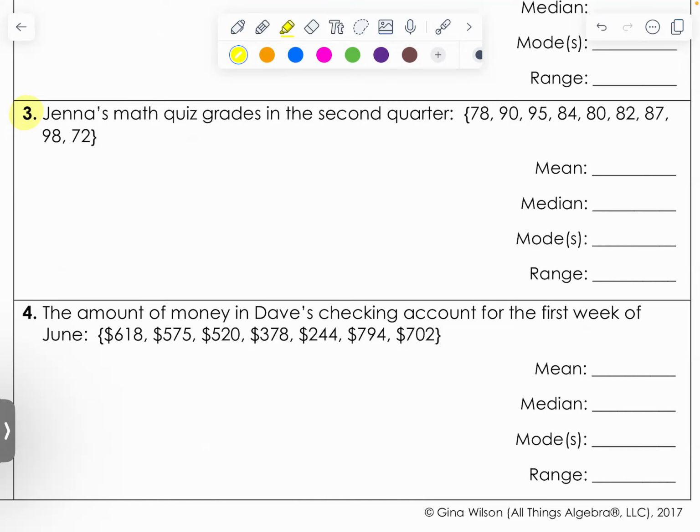Jenna is not. 766. The median is 80. There's no lows. What's the, there's no lows. That's okay. Then there's none. It's not simple. It's all the numbers. Okay, now what?